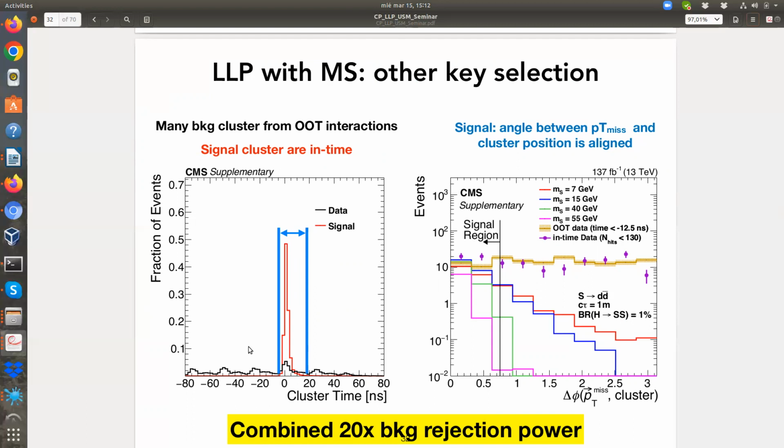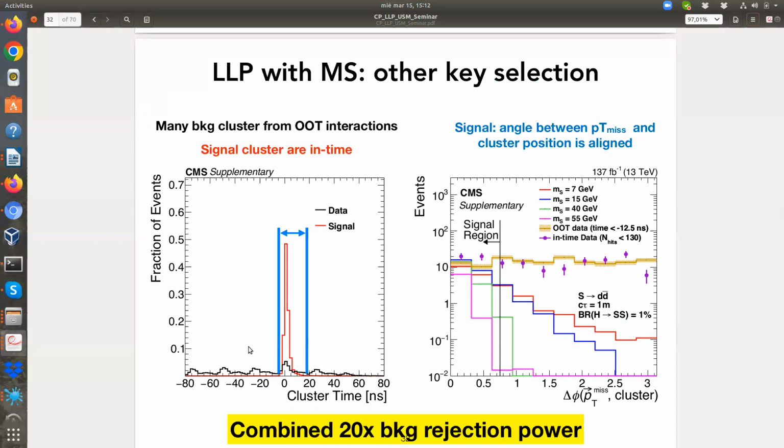Now, another thing that we do is look at the angle between the cluster and the direction of the missing energy. As you saw from the signal, the missing energy goes in the same direction as the cluster. What we found, which is related to this time variable, is that all the background is flat in this variable, which means that the missing energy is uncorrelated with whatever caused the cluster.